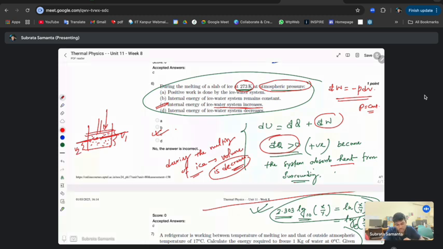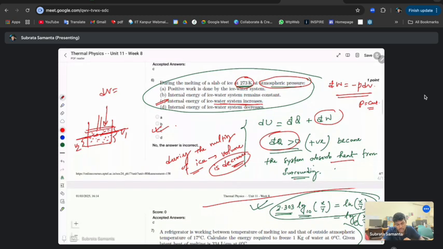So your change in volume is negative, because the volume decreases. In this case, dW is minus P dV, so that is positive.